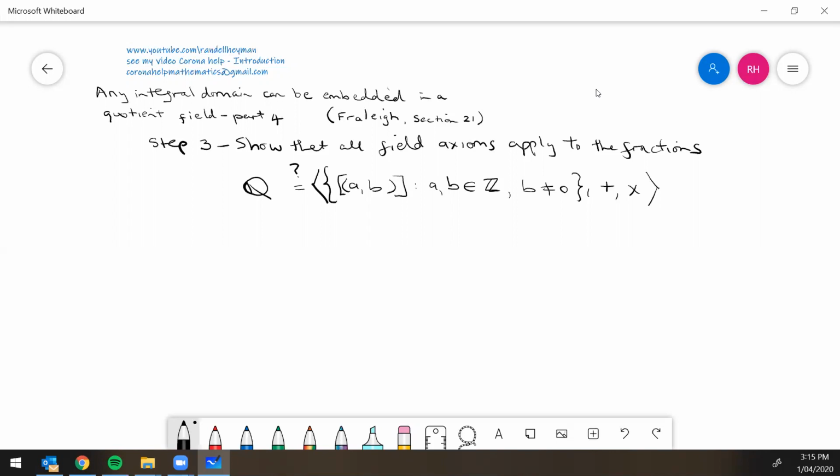In the second step, we showed how we can construct the operations of addition and multiplication, which work, and we showed in a rigorous mathematical way that they work for the fractions. So now we go to step 3, and remember, I'm just using the terms fractions and integers, but you can substitute integral domain for integers and quotient field or field for the fractions.